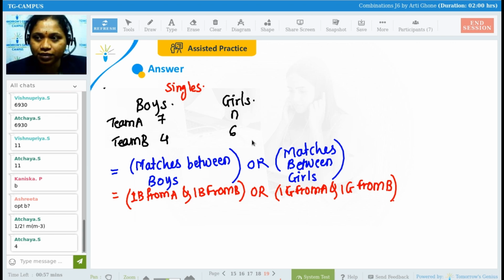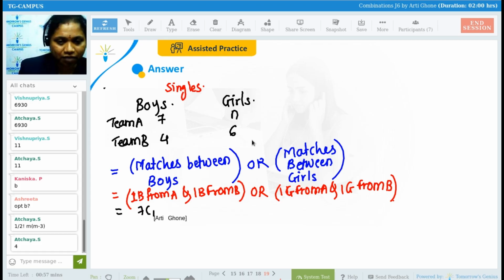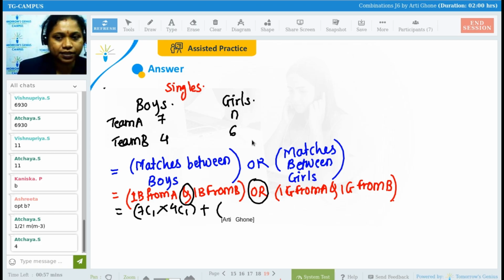Clear? So now we are selecting one boy from team A. How many total chances of selection do I have? 7. So it is nothing but 7C1. And is a connective, so whenever there is 'and', there is a multiplication. What is next? 4C1. Okay. Or is a connective. Plus one girl from team A, that is nC1, and again multiplication, one girl from team B, that is 6C1.